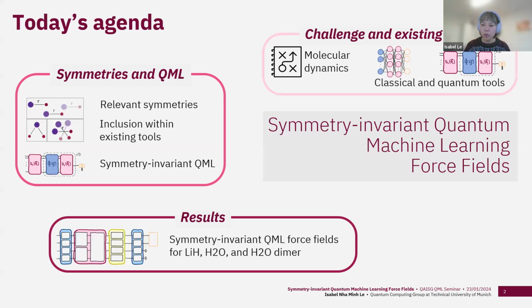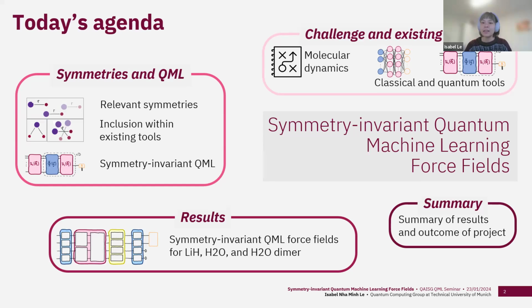I will show you the symmetry-invariant quantum models that we designed and also some numerical results that we achieved with these models for exemplary molecules. And then I will conclude this talk with a brief summary and maybe also an outlook.